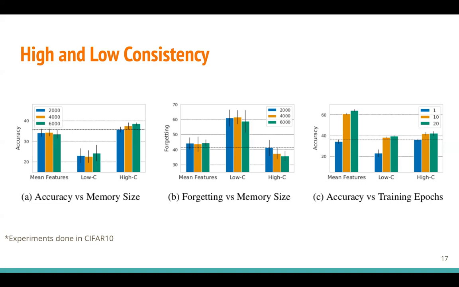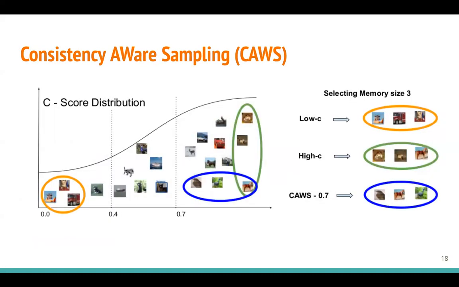So what we do in our proposal is, okay, let's add this idea of diversity by proposing this consistency-aware sampling. So imagine that we have a memory of size 3, for example. If we select the top consistency elements, we're going to select these 3 elements that we have on the right. If we select the lowest consistency, the 3 elements are on the left.